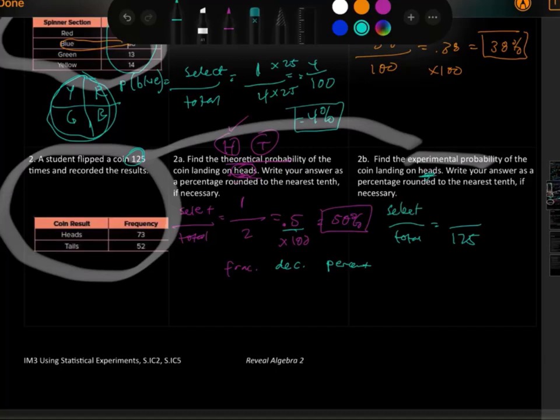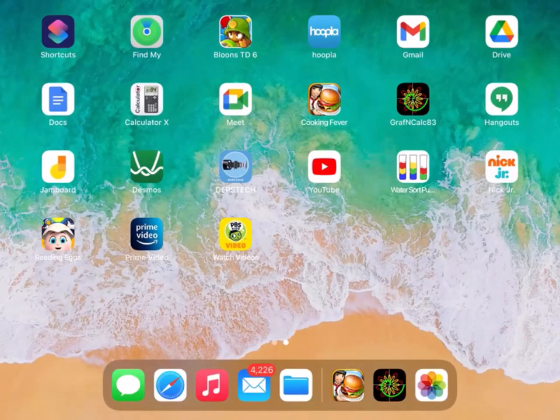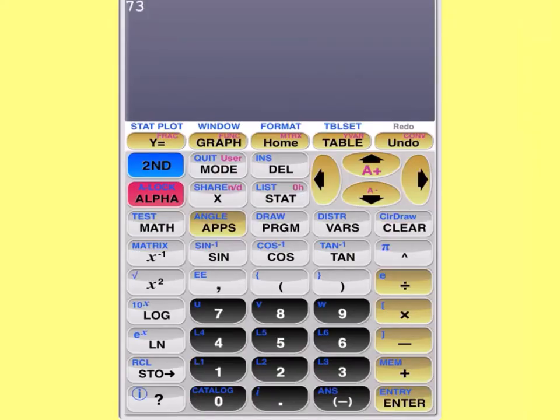We selected heads, which is here, 73. Let me show you the calculator one more time. 73 divided by 125, enter. You get 0.584, and if you multiply that number times 100, you get 58.4.